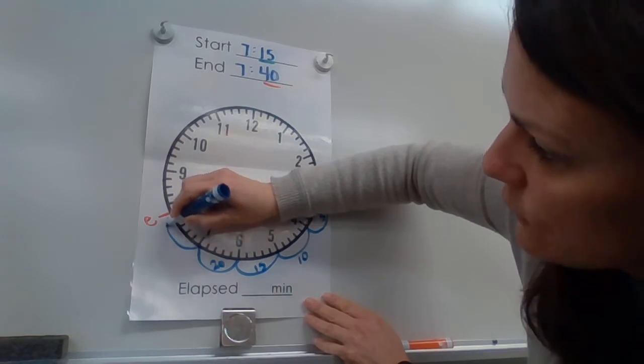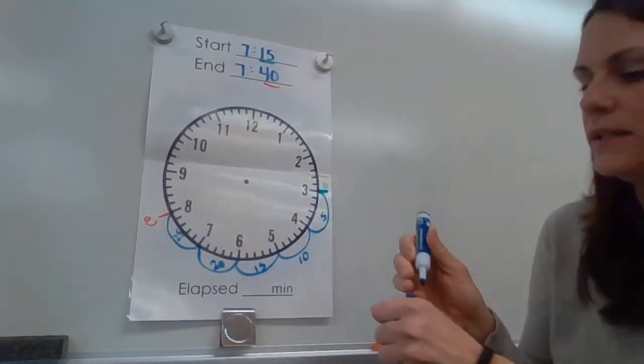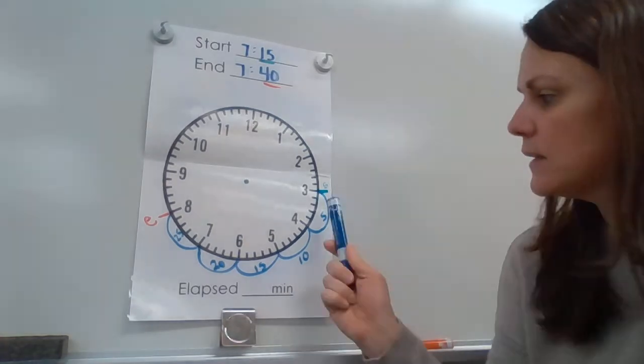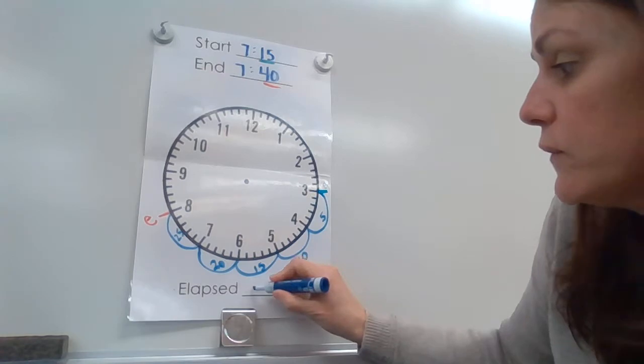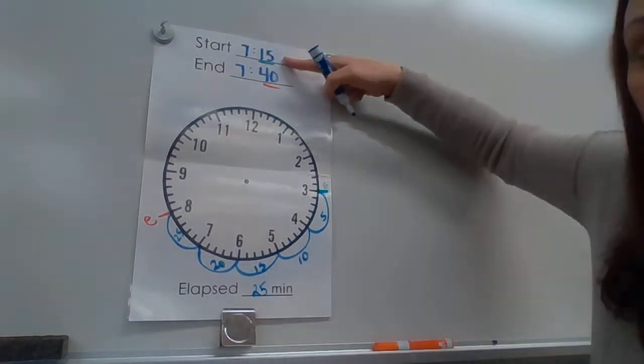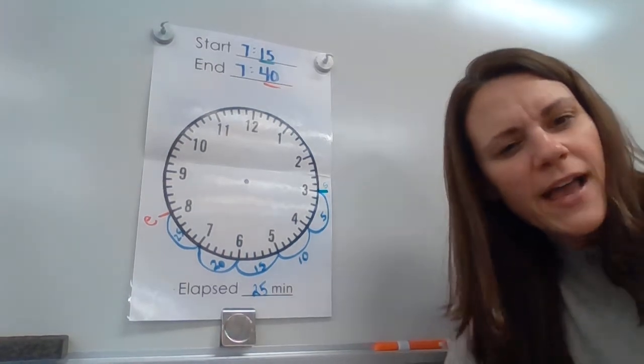And 25, I have landed on my final stopping point. I've done all my jumpity bumps. 5, 10, 15, 20, 25. So the amount of time between the start of the activity and the end of the activity is 25 minutes.